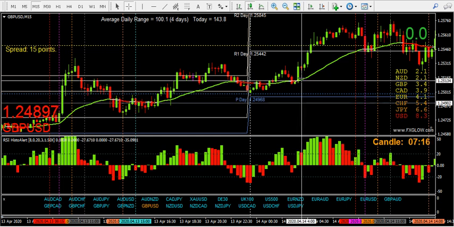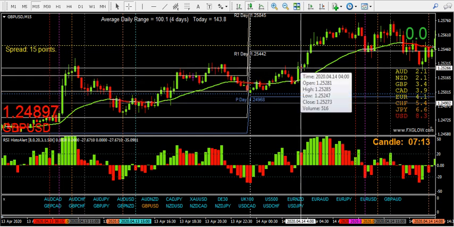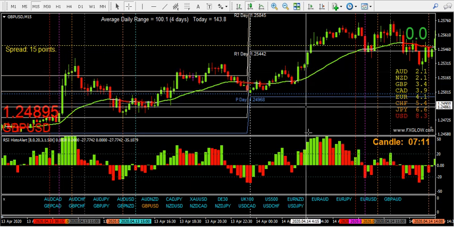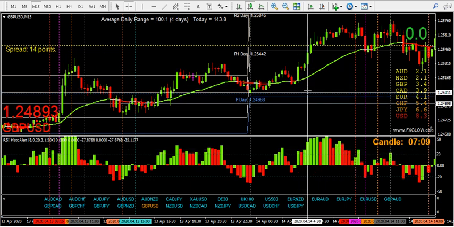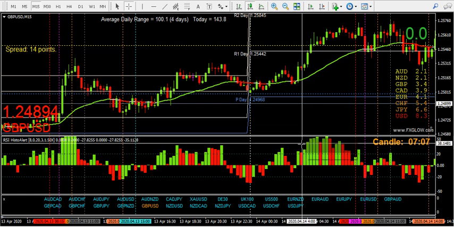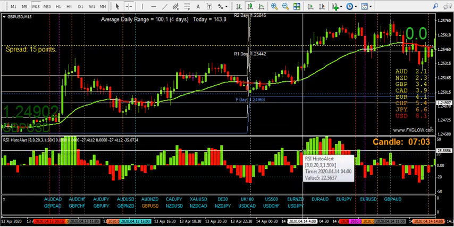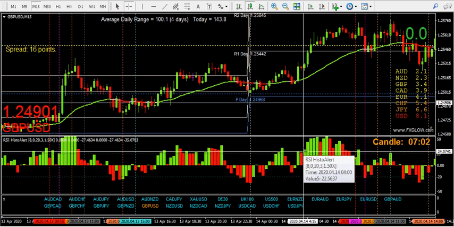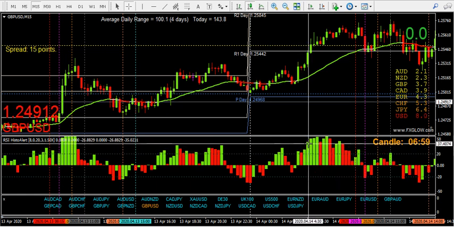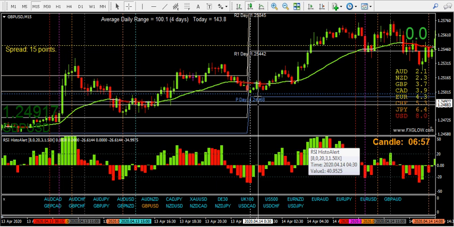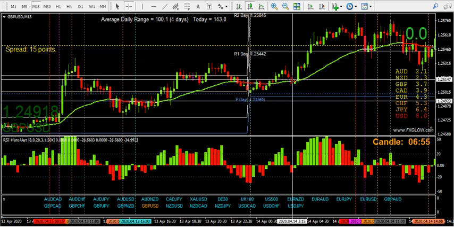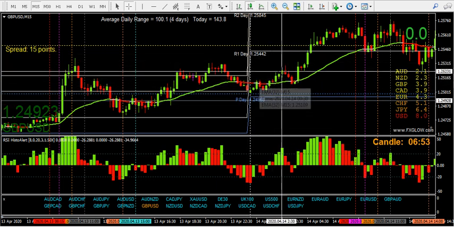Then you've got the pullback, and then yet another beautiful signal to go long. You've got the burst, the pullback, the break of the burst candle high, or bar high should I say, and then the continuation. So this is how I learnt to trade using moving average crossovers and swing trends.